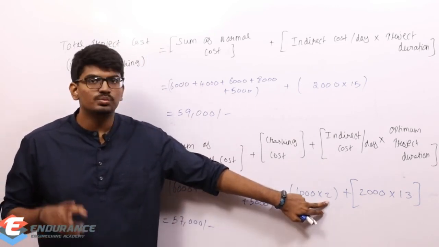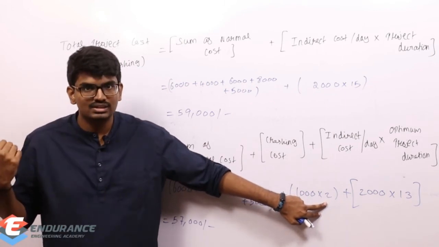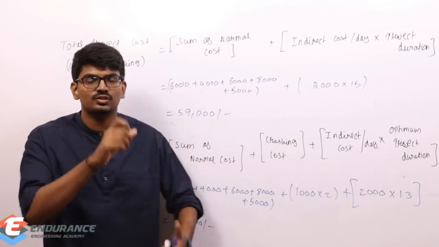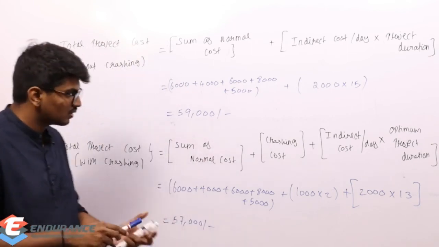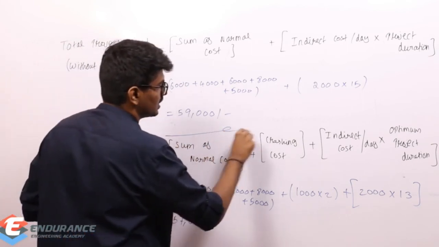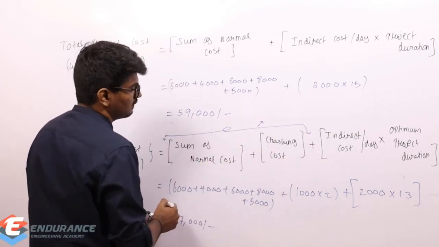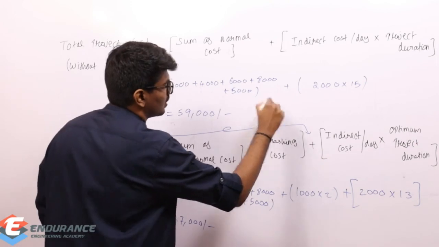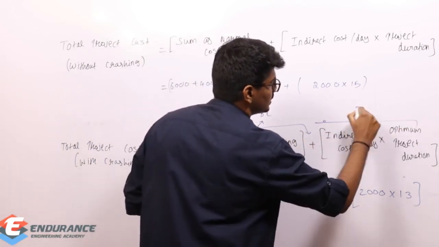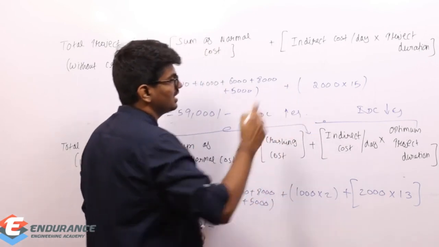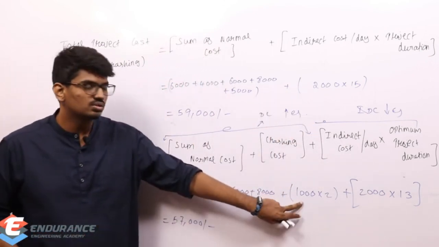If I multiply with 2, because I am crashing it for 2 days, 1000 into 2 will give me total crashing cost. Combined, this gives me the direct cost, and this gives me indirect cost. So indirect cost has decreased, direct cost has increased. Why is it increasing? Because of this 2000, right?